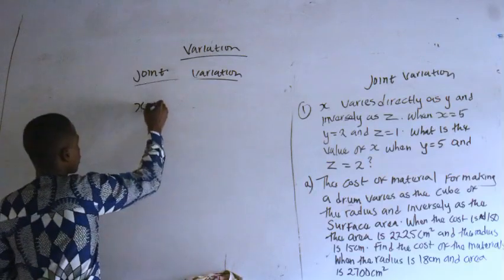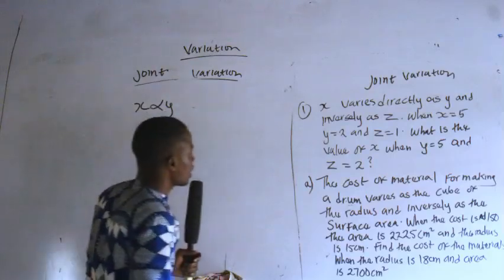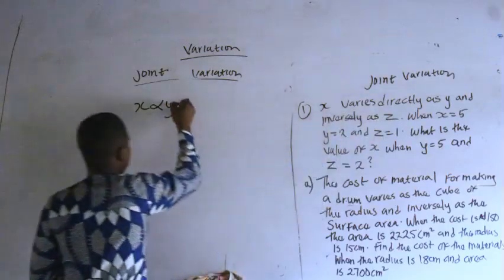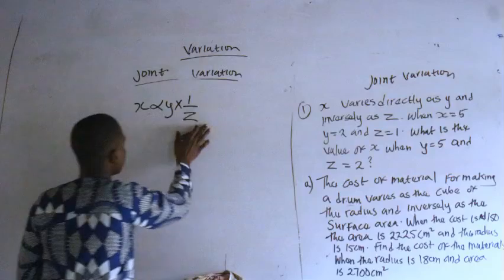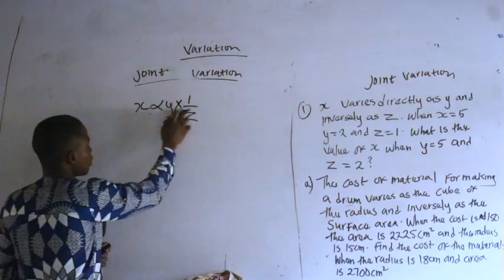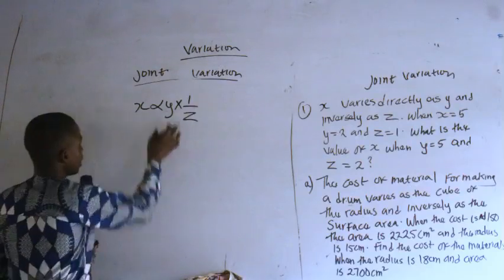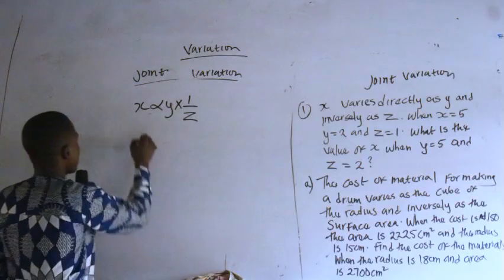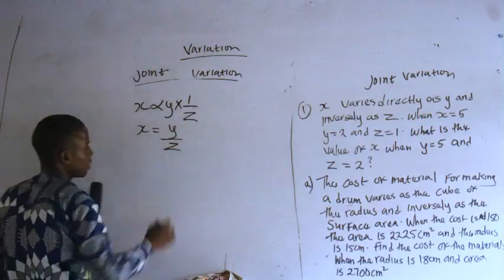Direct variation is this one, directly as Y. Now joint with what? Inverse as Z. This one joined together, that's joint variation. The direct and inverse joined together.